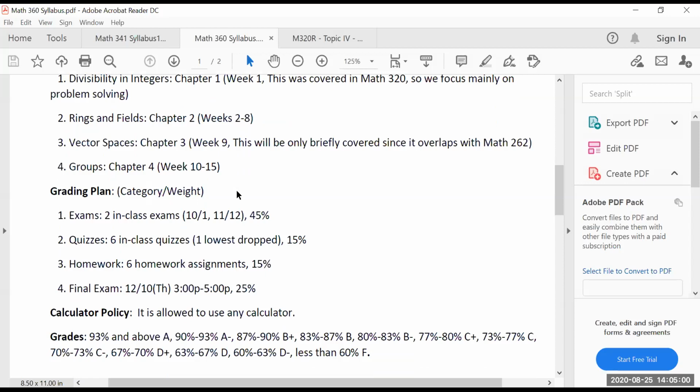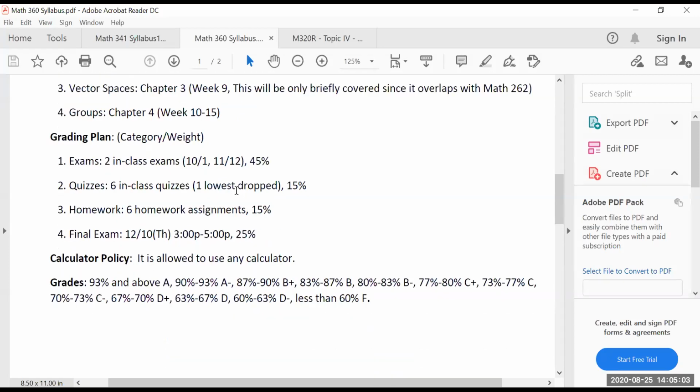The grading plan of this course is 2 in-class exams on October 1st and November 12th, and the 2 exams total 45% of your grade. There are 6 in-class quizzes, and the lowest 1 will be dropped, so only the 5 highest quizzes will be counted toward your grade, and they are 15%.